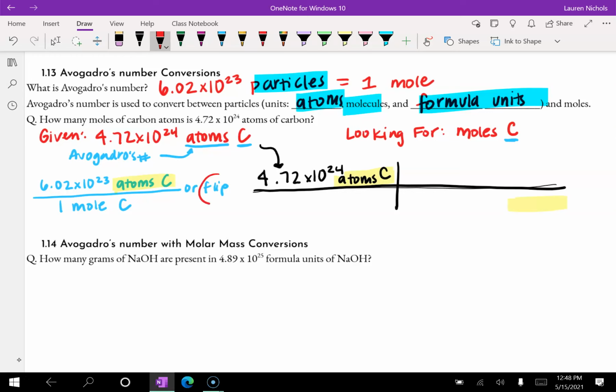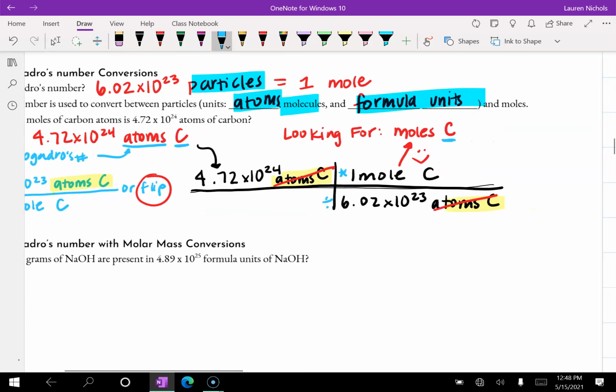So we're actually going to need to flip this fraction so that the 6.02 times 10 to the 23 atoms of carbon is at the bottom and the 1 mole of carbon is at the top. And this is great because we see that atoms of carbon will cancel out because it's present in the top and bottom of our fraction. And then we can see that what's at the top matches what we're looking for. So we're done. And we multiply by 1 and divide by this.